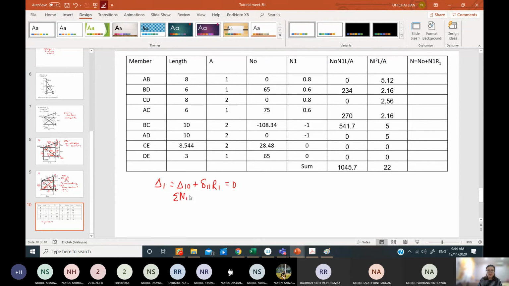Summation N1 N naught L over A plus the summation N1 square L over A, equal to 0.